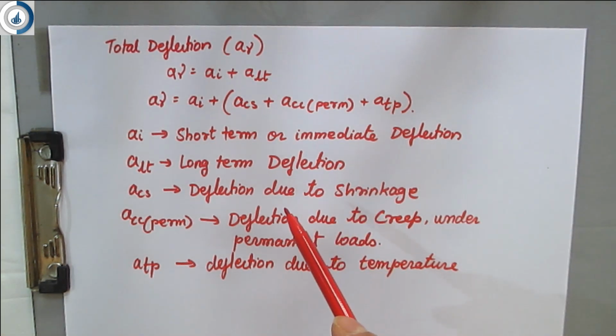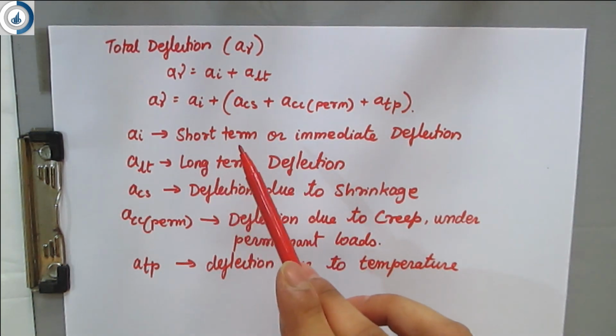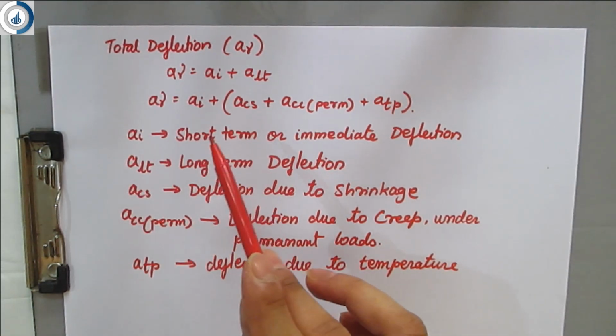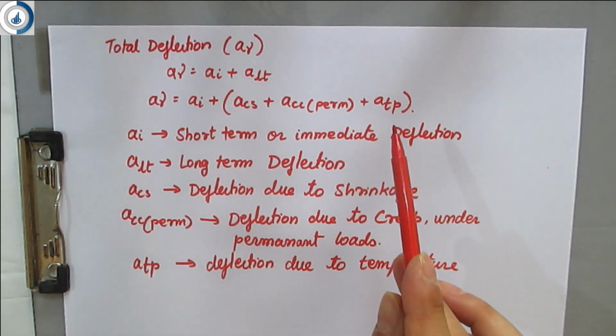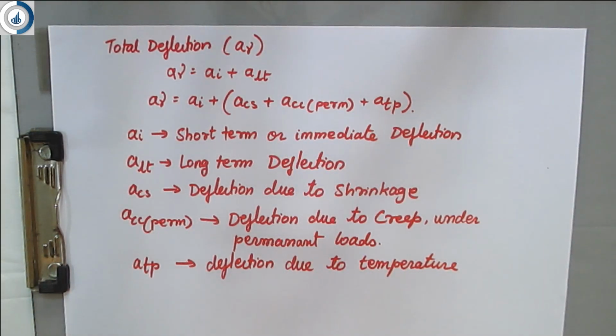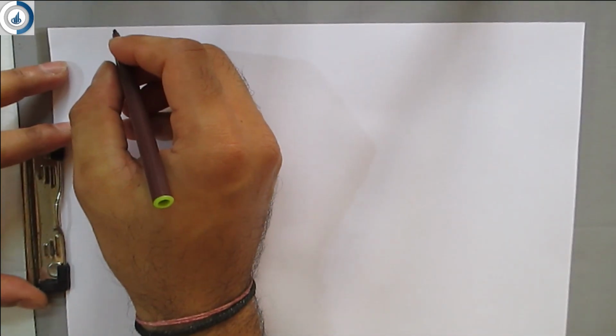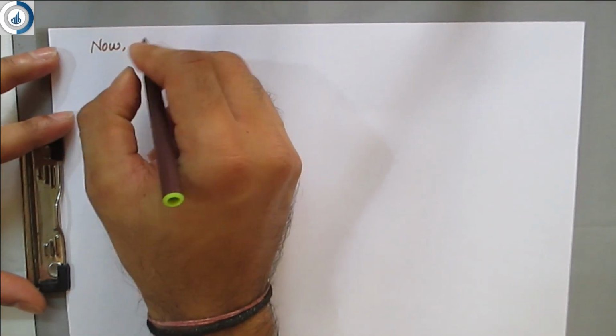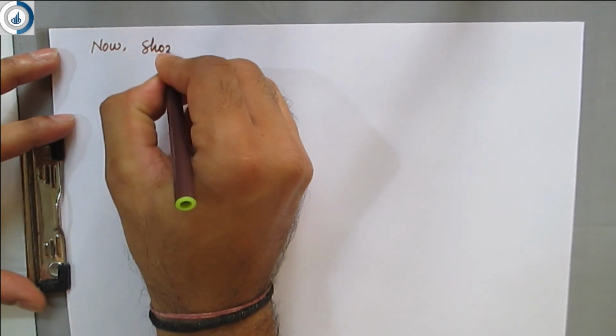This video might get longer, but watch it completely and get thorough with how to calculate the deflections due to various long-term and short-term deflections. So let us begin with the actual problem. Now, short-term deflection.